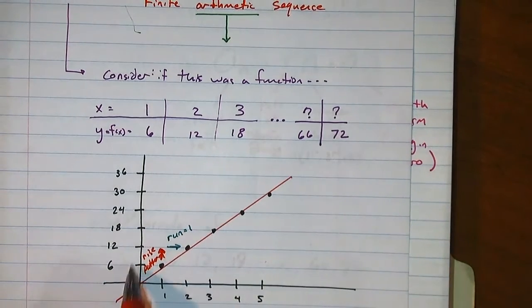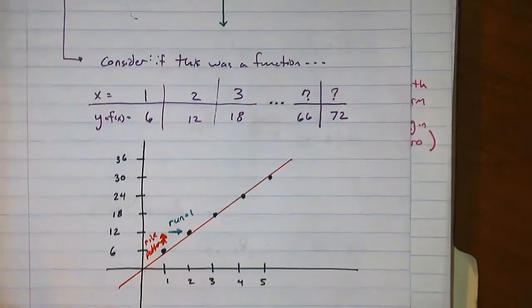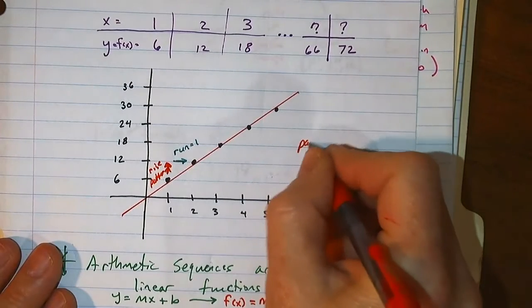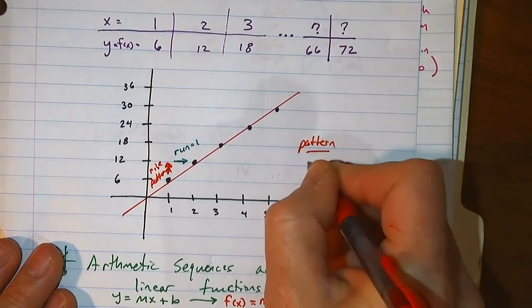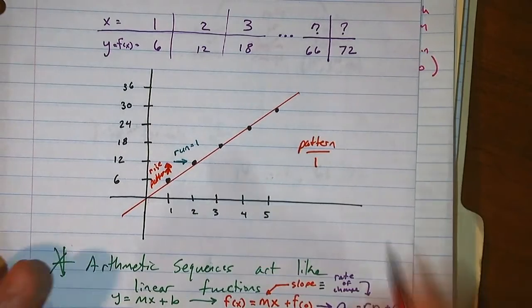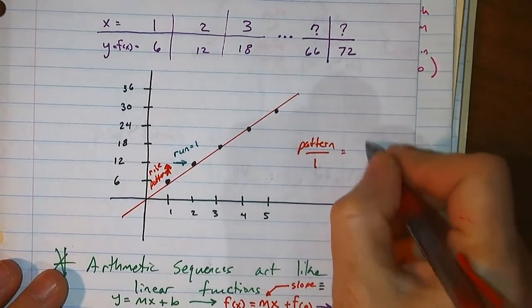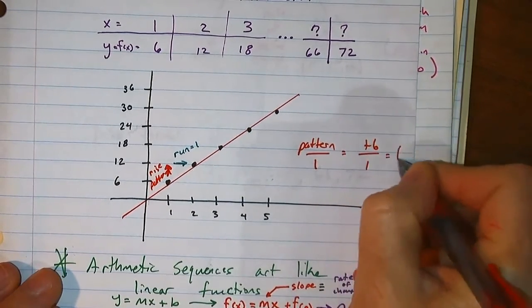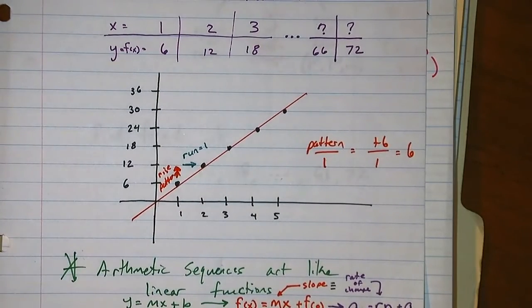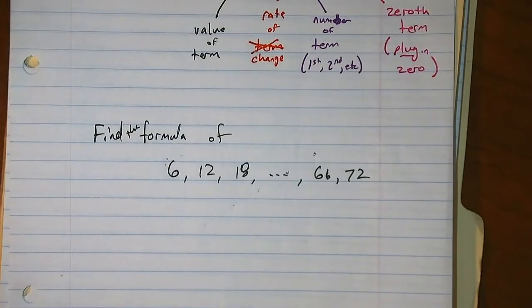In this case, we added on 6, and I went over 1. Because it's the same idea as slope, that can be the way that I find it. In this case, adding 6 over 1, that just equals 6. Now, it can be a little bit more complicated than that, and we'll see that in our second example.